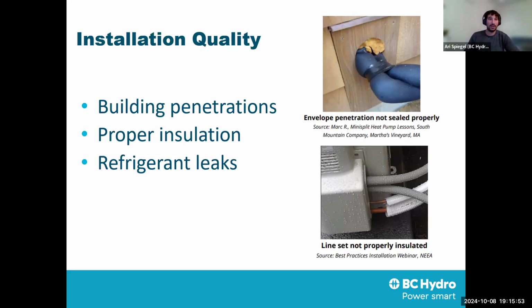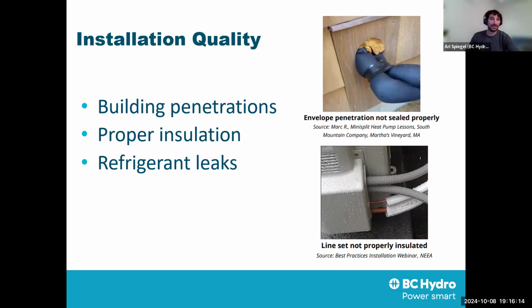So we have, again, refrigerant lines going from the outdoors to inside. They need to be properly sealed and insulated so no air comes through and no moisture comes in that could affect the building envelope. Proper insulation of the refrigerant lines. The refrigerant lines are carrying heat in and out of the unit, from outside to inside.